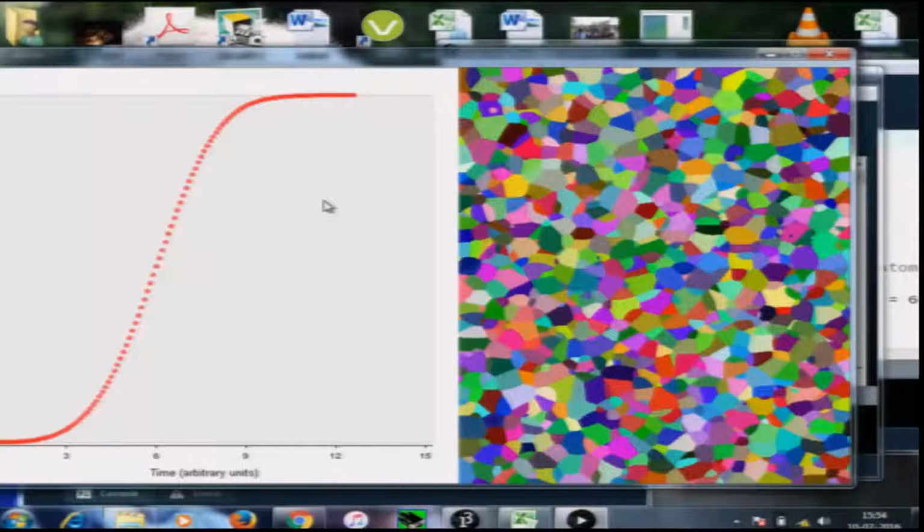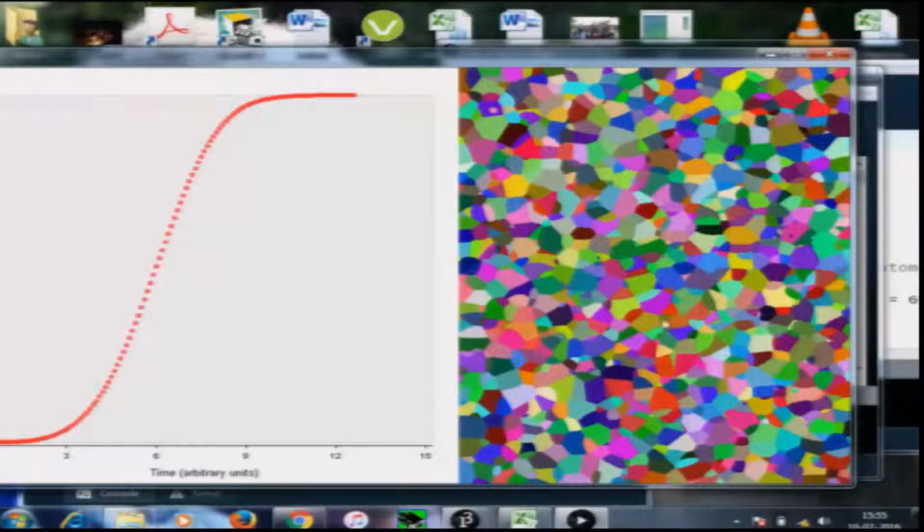So, what happened in this simulation was you had nuclei getting created at a certain rate, and then they would grow at a constant rate in all directions.